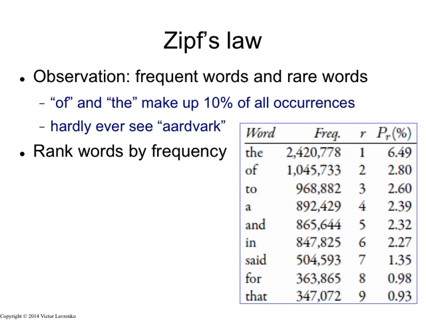But if you look at the frequencies and you look at the ranks, you might notice an interesting pattern between them, right? So if I take the frequency and multiply it by the rank, I get roughly the same number for every word. Not the same, they will vary quite a bit, but they are numbers in the same ballpark, right? So for the, I have 2.5 million times 1, that's 2.5 million.